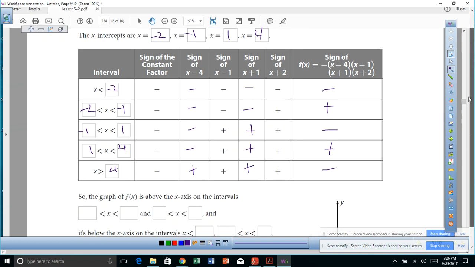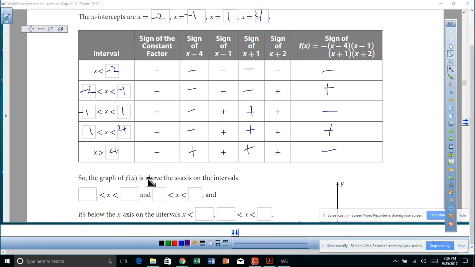All right. So the graph of f of x is above the x-axis on the intervals negative 2 to negative 1, and from 1 to 4. Okay, because see, it's positive here and it's positive there.